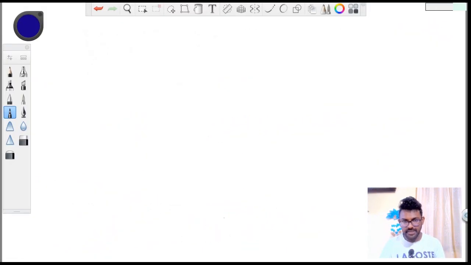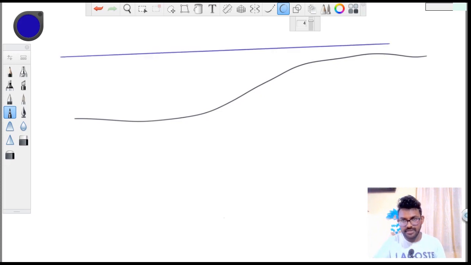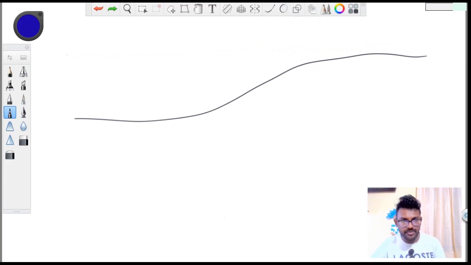So let's see now, if I just draw a certain ocean, let's say I'm drawing the seabed of the ocean and kind of coming to the coast like this, right? So now the waves are like this. Oh sorry, I have switched the auto correction mode. Okay, it's like this.